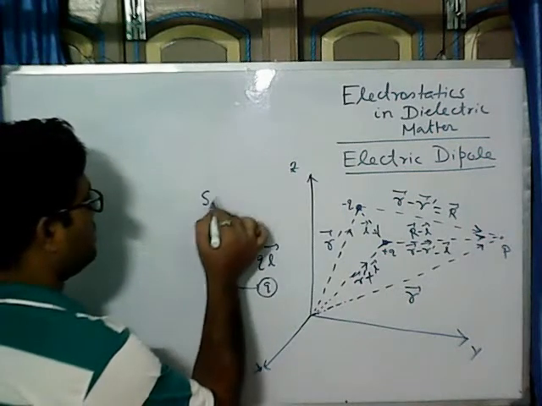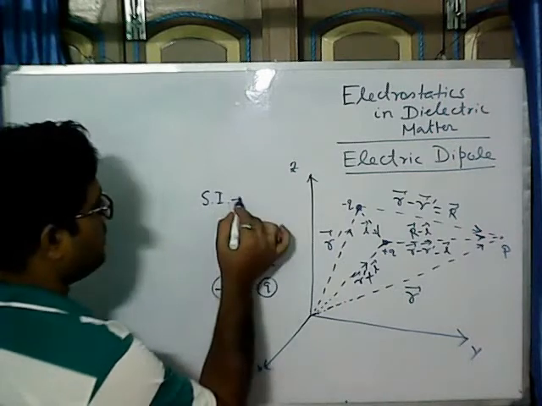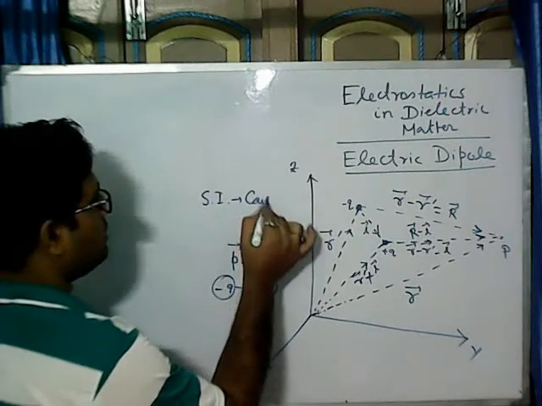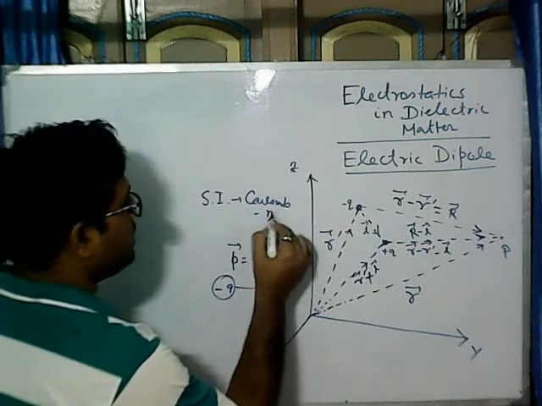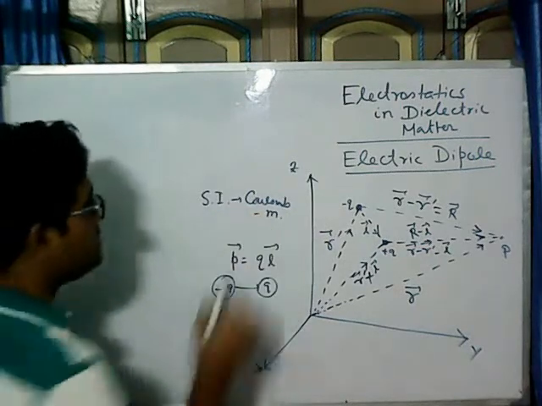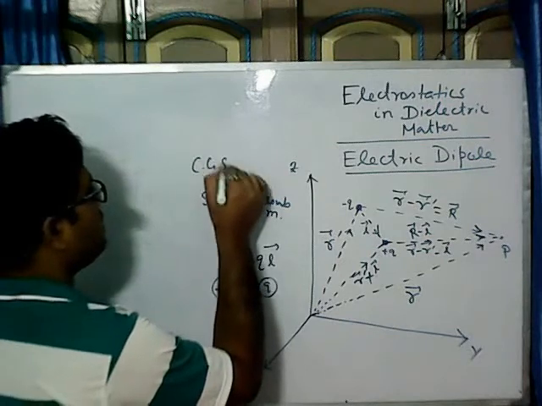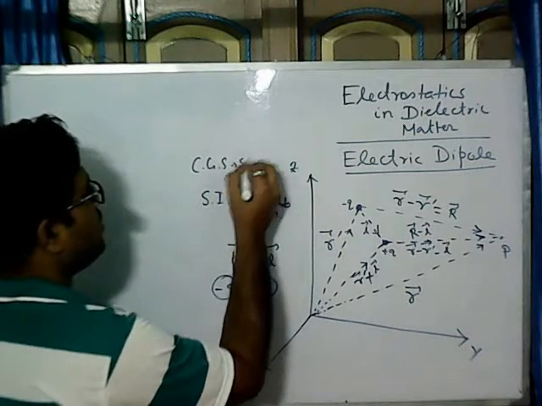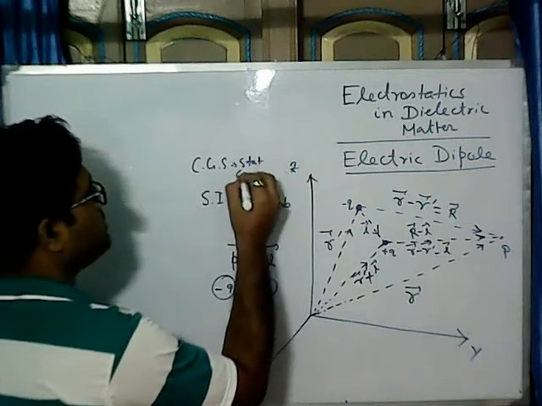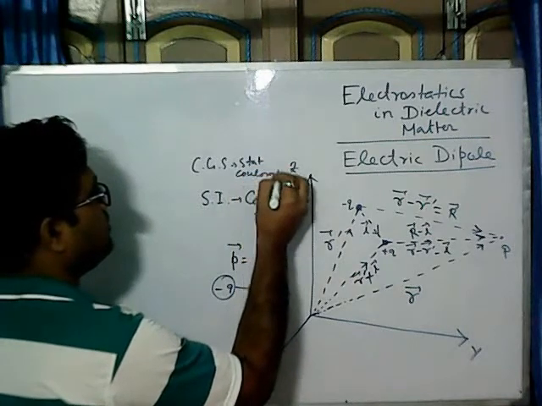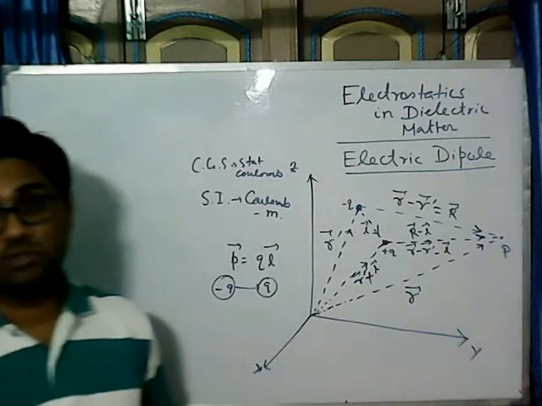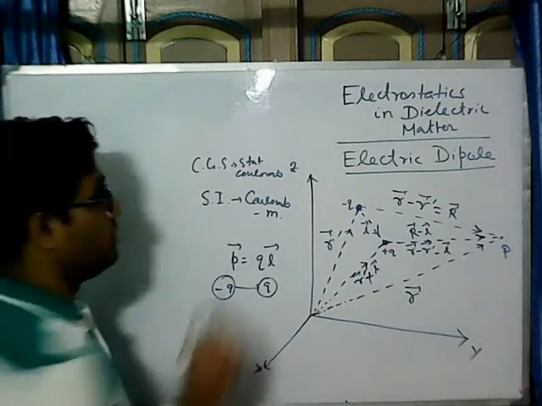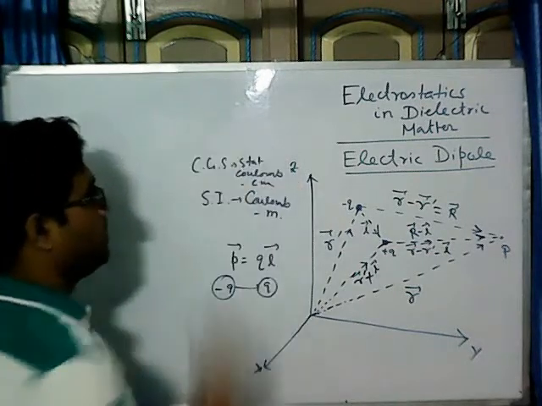In SI unit, it is coulomb meter, right? In CGS unit, it is stat coulomb, since the CGS unit of charge is stat coulomb, and centimeter.